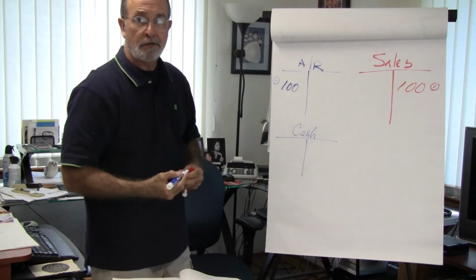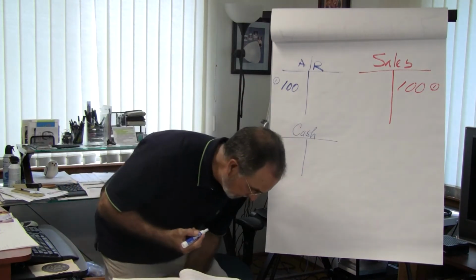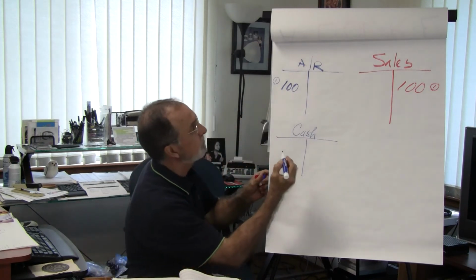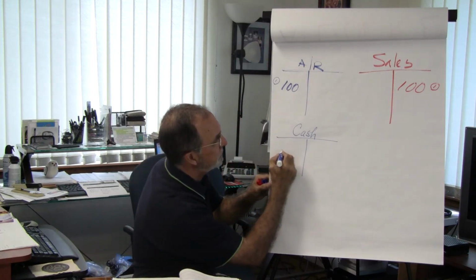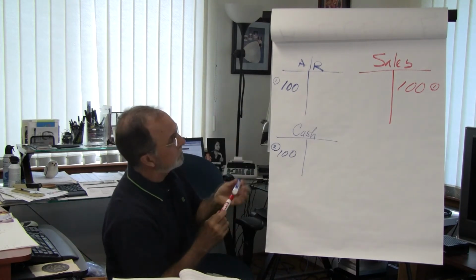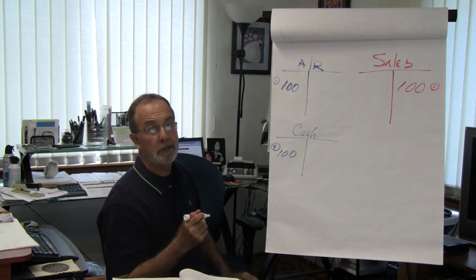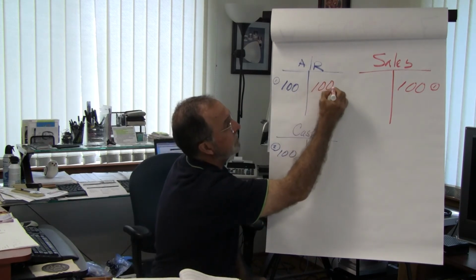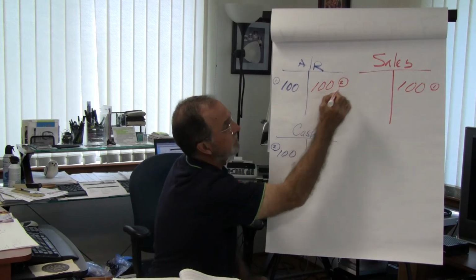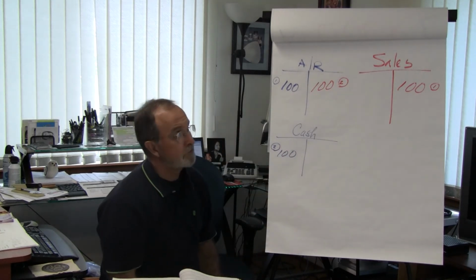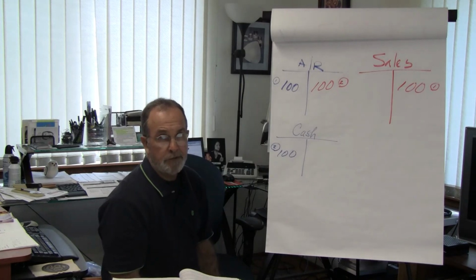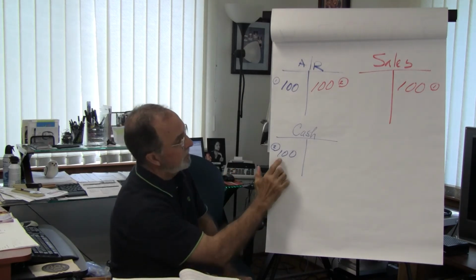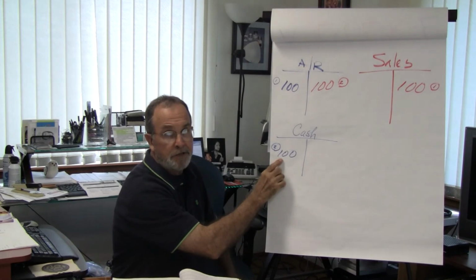We have received it now in cash, and we would record that by adding it to cash with a debit on the left side of the cash account, and we would show that our account receivable has now been received in full, and so we would credit our receivable account in the amount of $100. What we end up with is $100 added to cash.